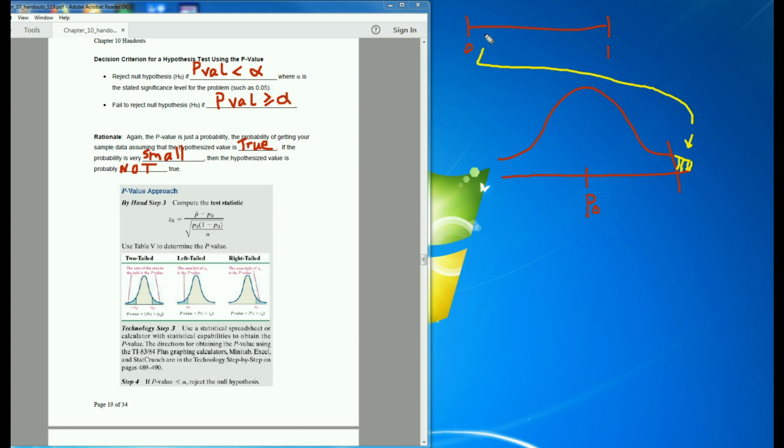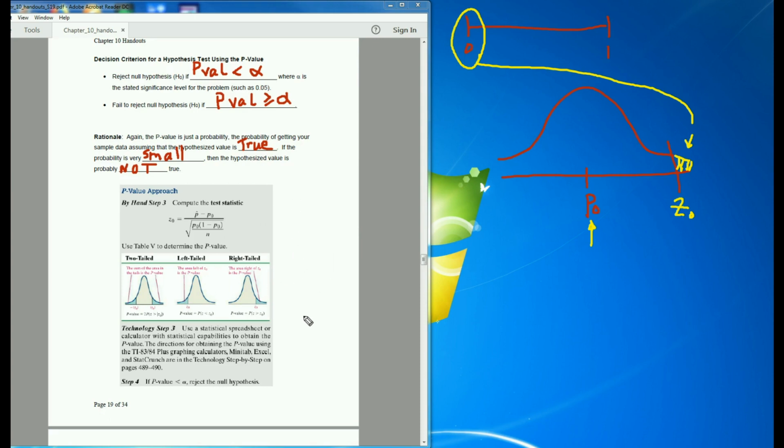It would be close to 0, meaning that, well, it's unlikely that this value is actually true, because your sample data, which is out here, is saying, well, I'm really far away from the hypothesized value. I'm so far away that the probability of getting me or anything higher is very small. It's very unlikely that that would happen if this is actually true. All right.